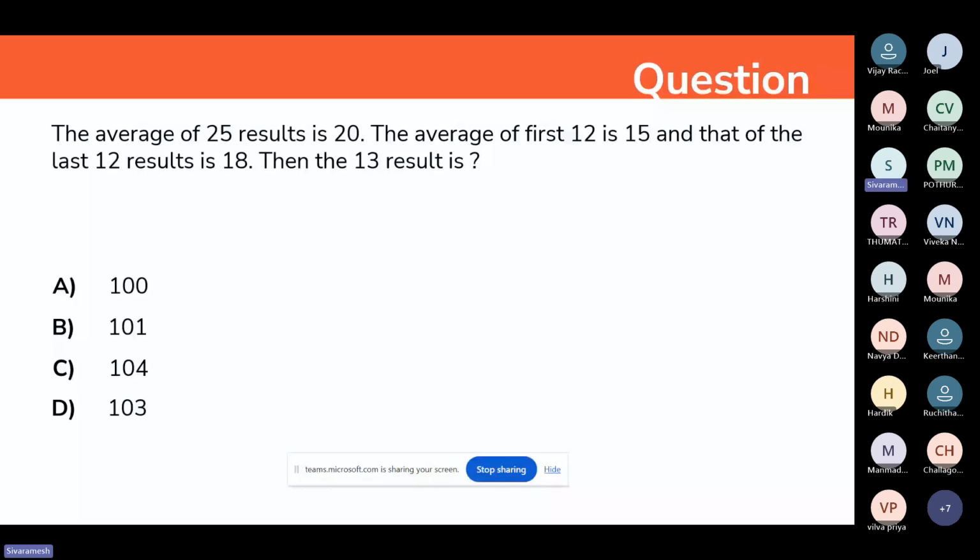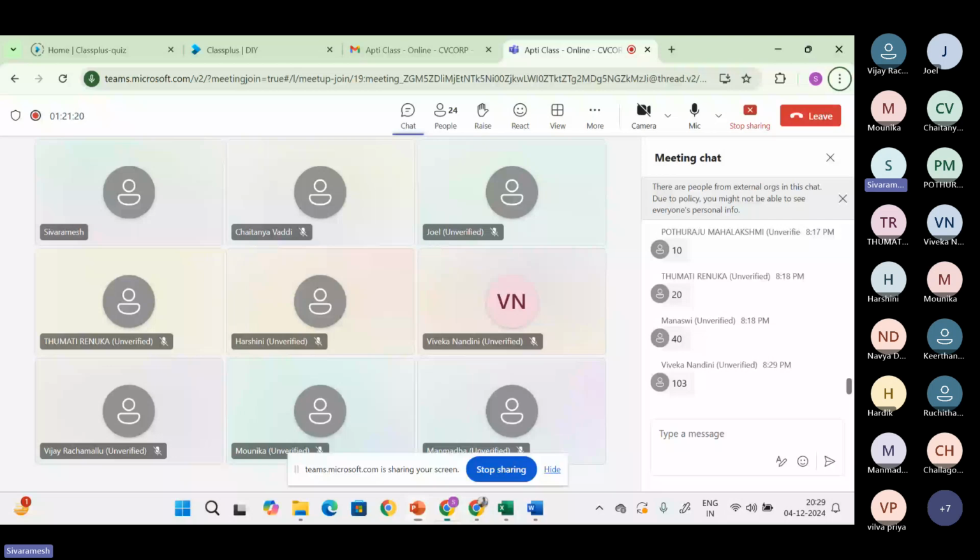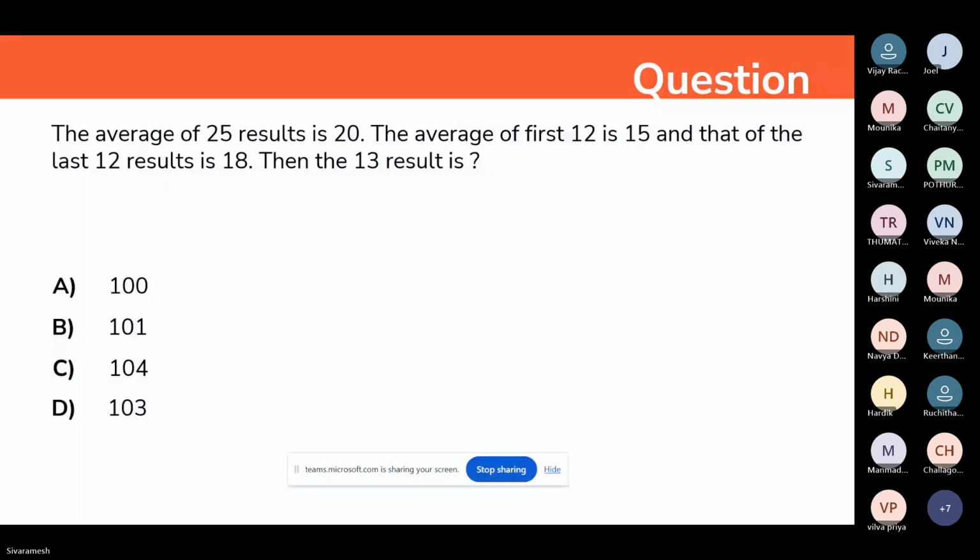Somebody posted 103, 104, different answers. Yes, many are posting 104.